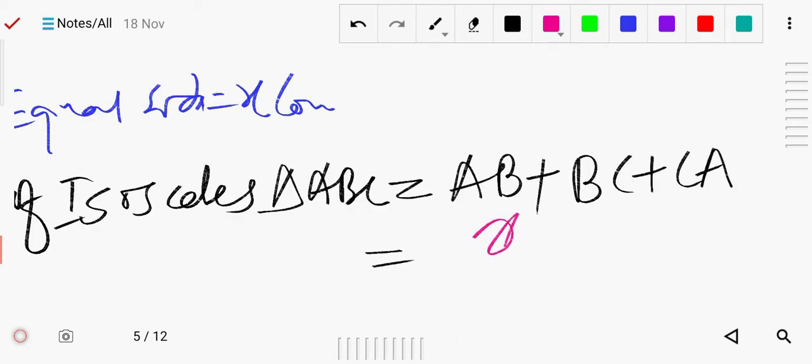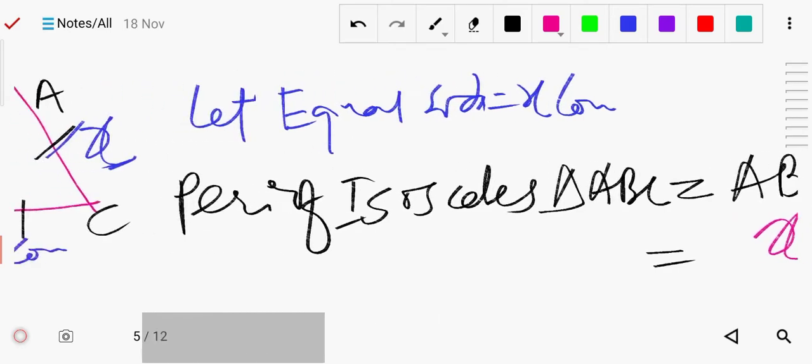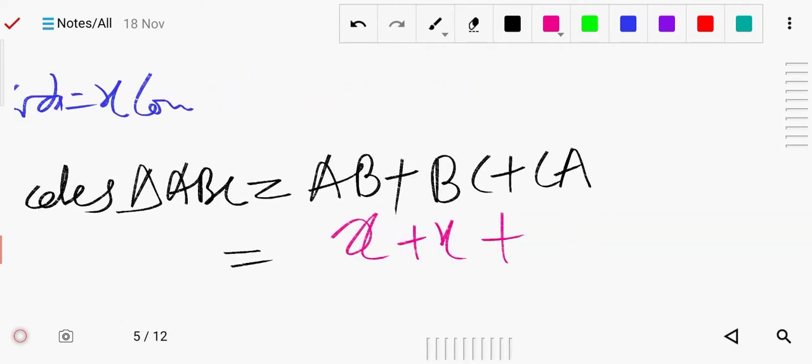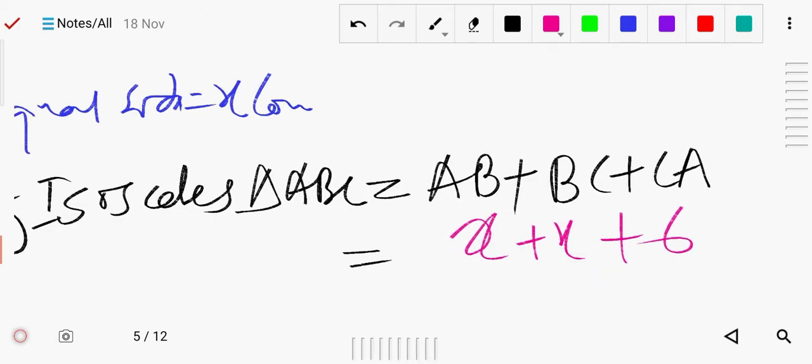So this is x plus x, and BC is 6 centimeter. Now the perimeter is given, it is 40 centimeter, so write 40 centimeter. Now you can solve it.